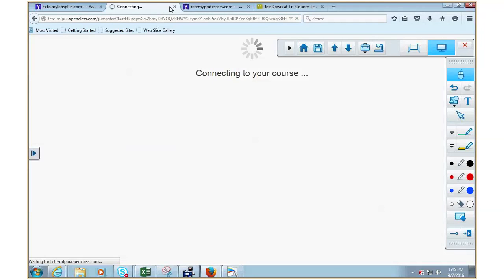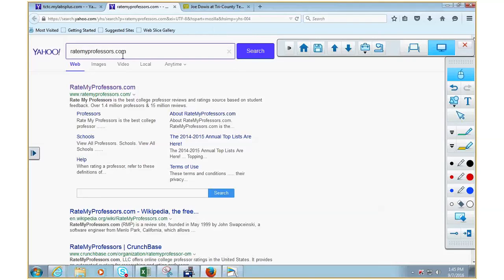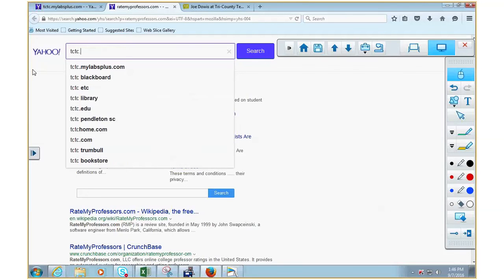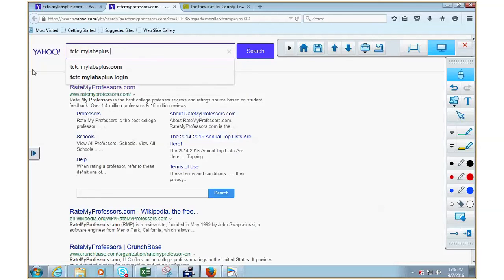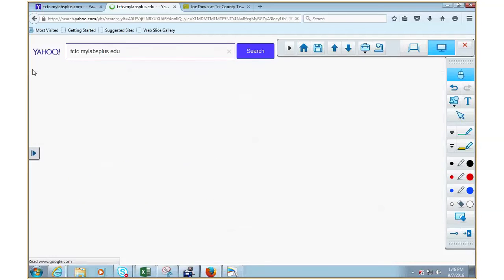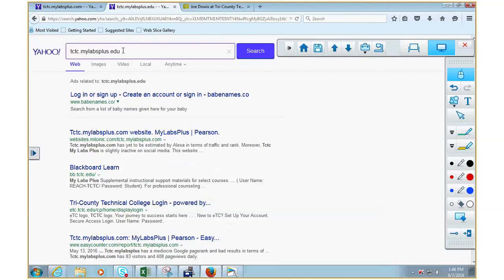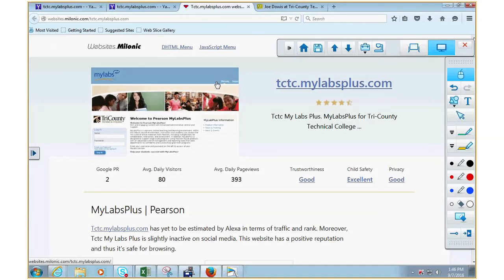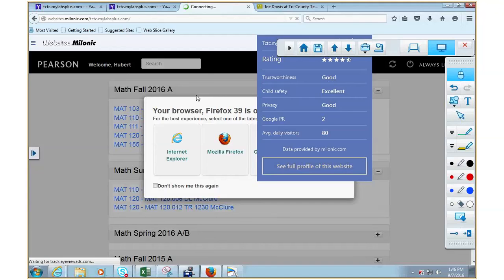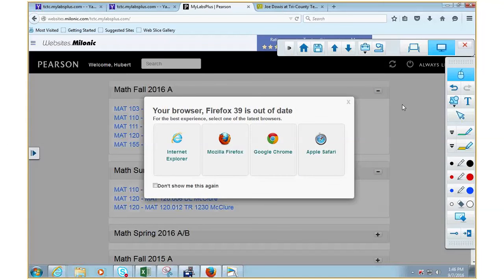Why don't we just try this? Well, it automatically logged me in.